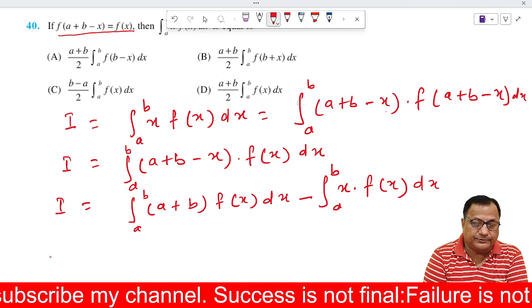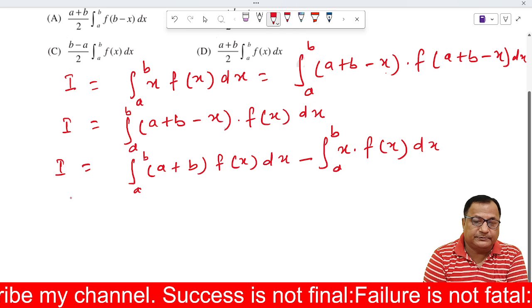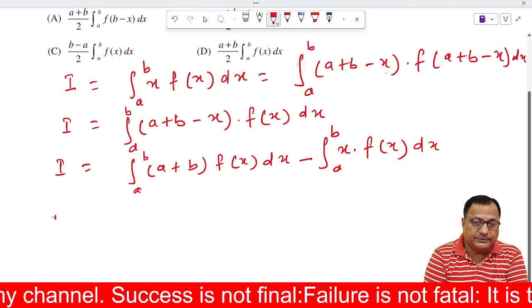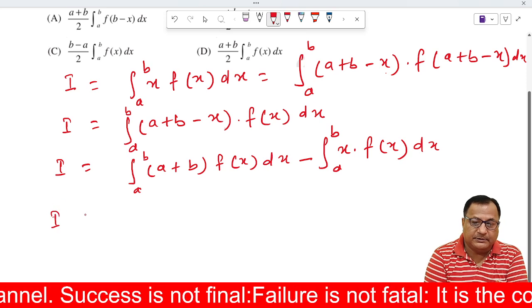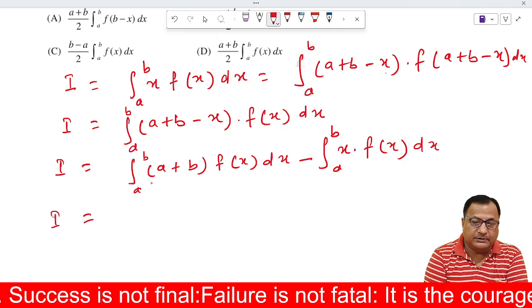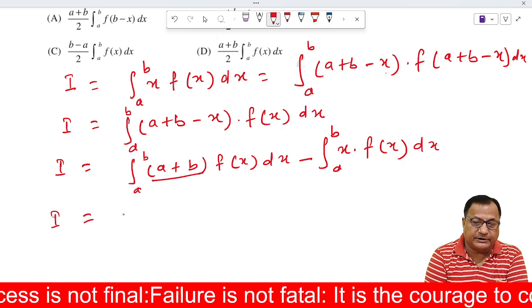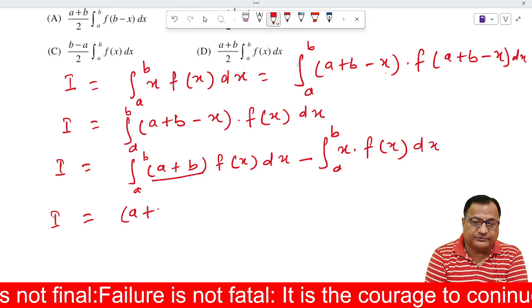So I is equal to, this is constant, so we will take out a plus b.